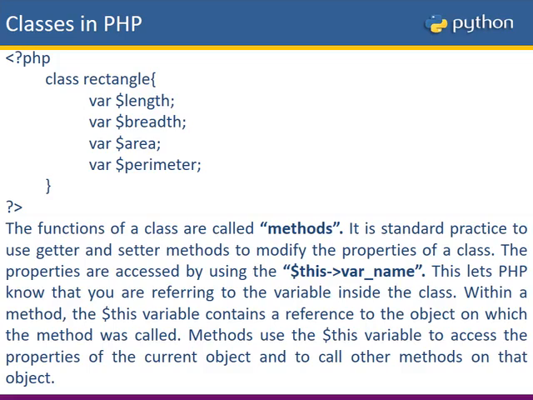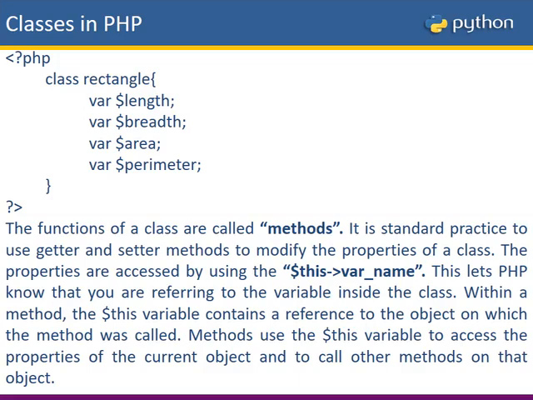The properties are set by using $this with the arrow pointing to the variable name. In Python itself, we use self, which refers to the current object, but in PHP we use $this with the arrow pointing to the variable name. So take note of the difference.